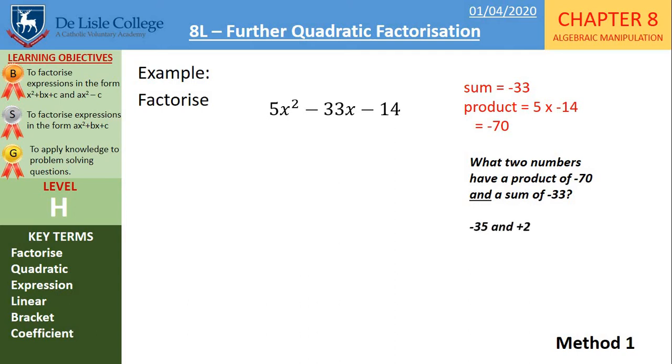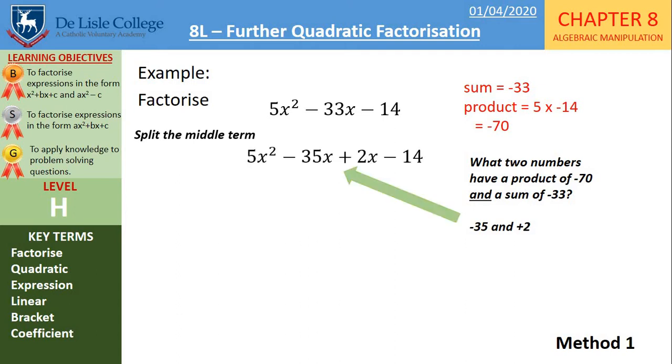We end up with negative 35 and plus 2. So we're going to split that middle term. We're going to replace the negative 33x with negative 35x plus 2x. That's come from those values we've just worked out. Drawing our dotted line down the middle, remember to keep it to the side of the plus and not over the top.